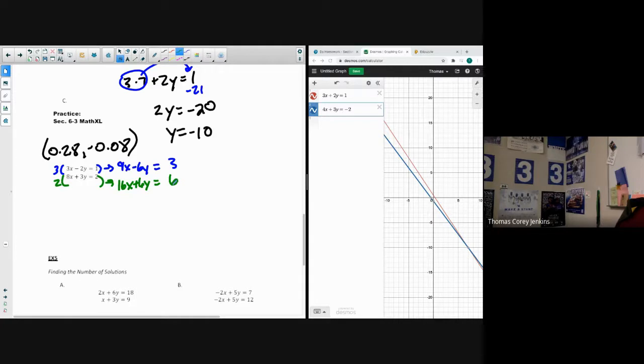All right, so when we add them together then, which we're ready to do, we get those two make 25x, negative 6y plus 6y cancels, and then 3 plus 6 is 9. So x is equal to 9 divided by 25. All right, when you do 9 divided by 25, you get 0.36.